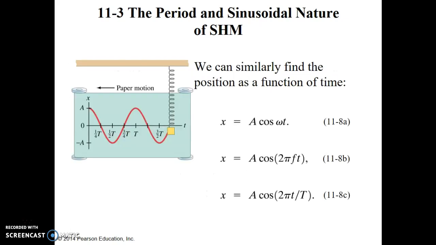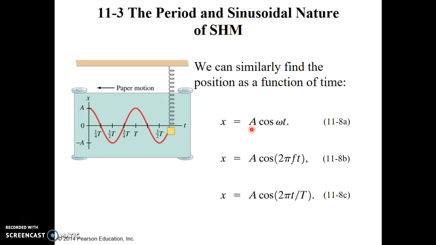Now, imagine you have a mass on a spring oscillating up and down, and you have a paper behind it that is moving along. The mass can trace a pattern that actually looks exactly like a cosine. So we can describe the position as a cosine function.